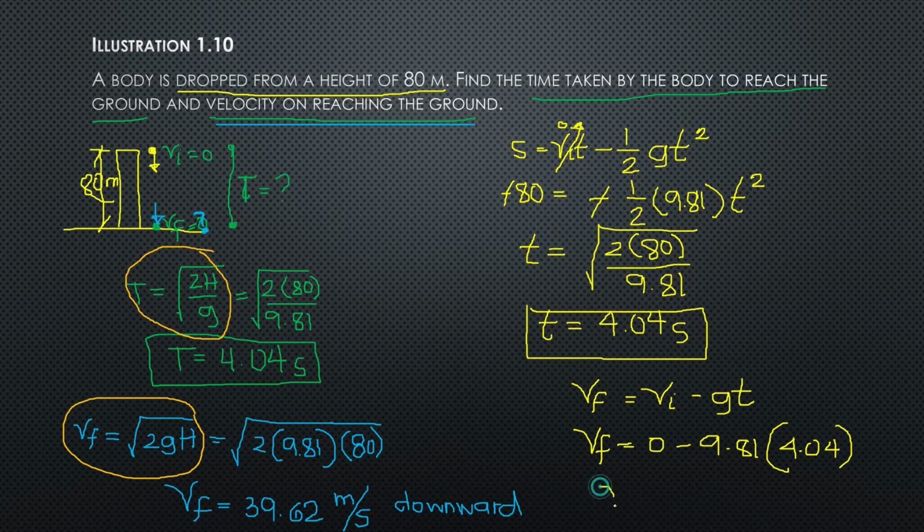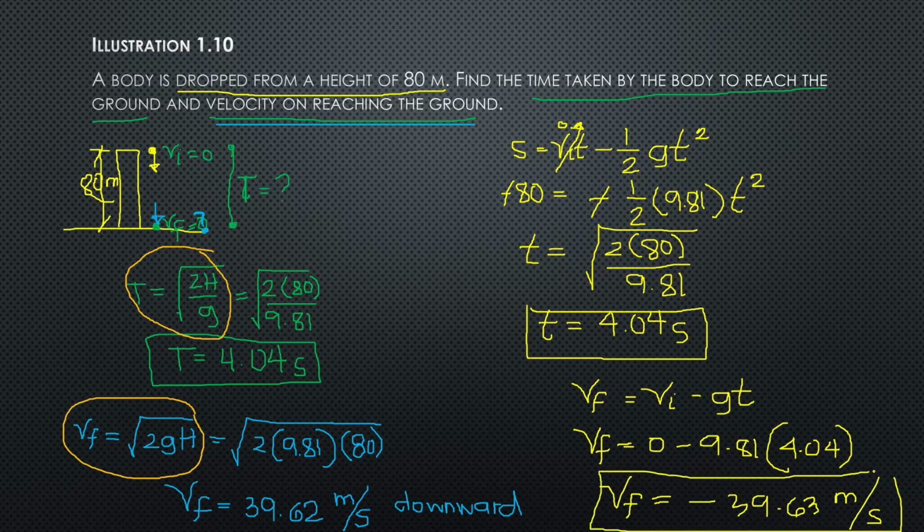So that is negative 9.81 times 4.04, which would be 39.63 meters per second. Again, negative indicates its direction, which is downward, so this is also similar.